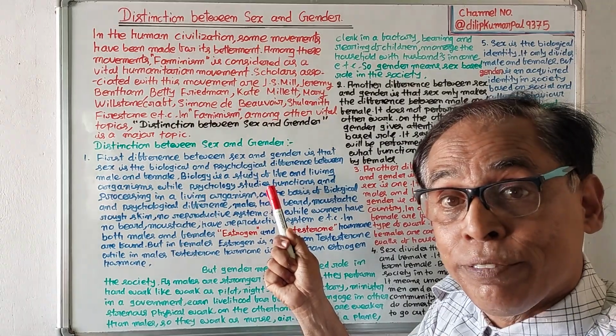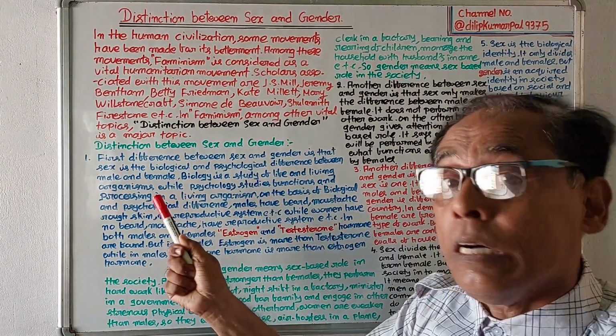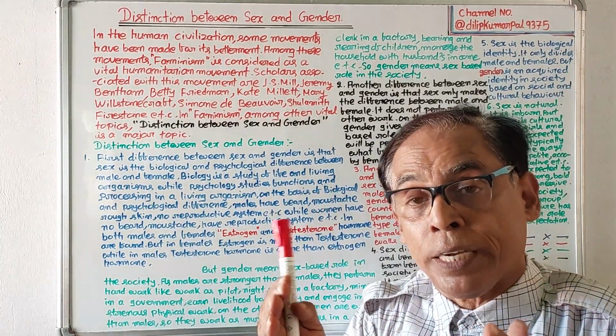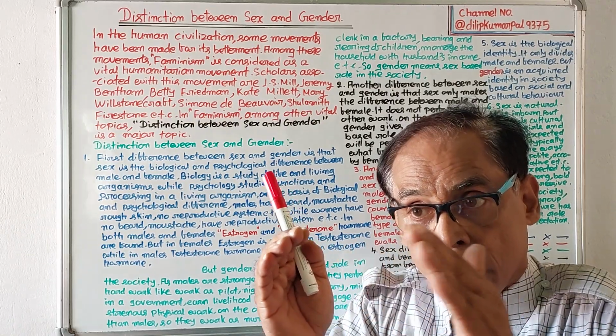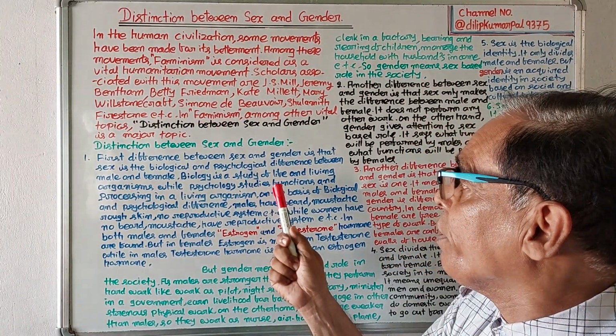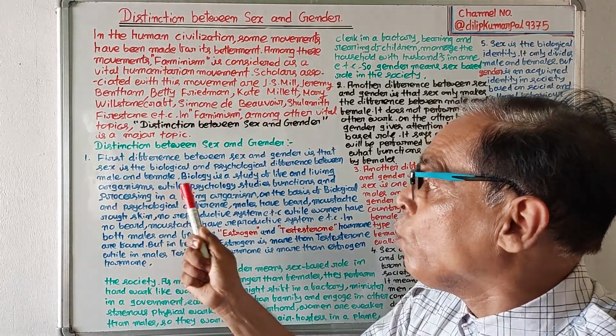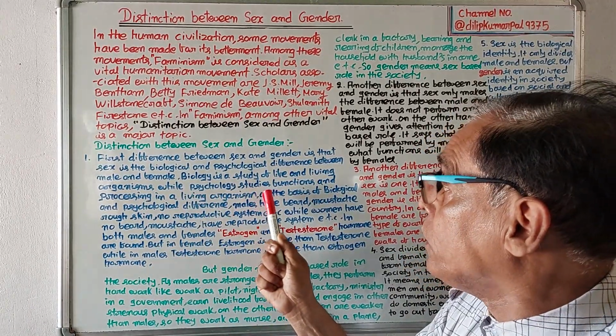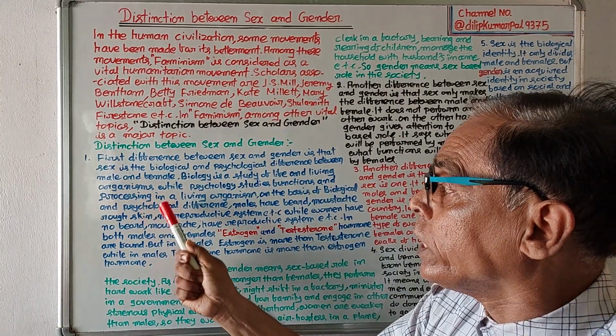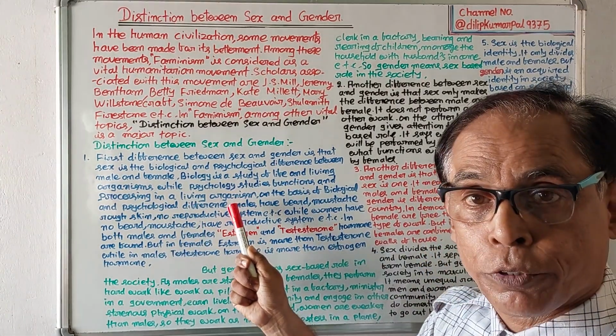Biology is the study of life and living organisms, while physiology studies functions and processes in a living organism.